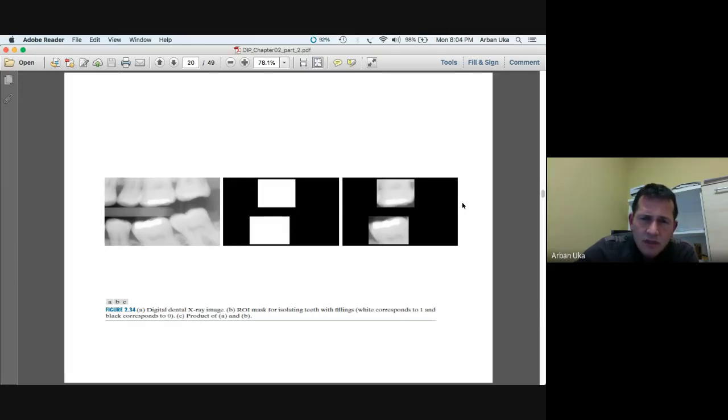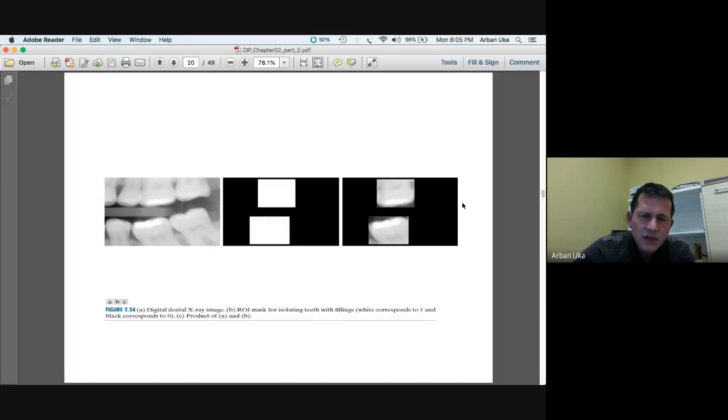What we are showing here is that whenever we try to determine some regions that we are really interested in, we can define a region of interest mask. In principle, this is multiplication by 1 in the regions that we want to see or to enhance, and we multiply by 0 all the regions that we are not interested in.